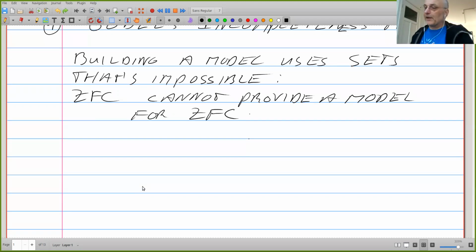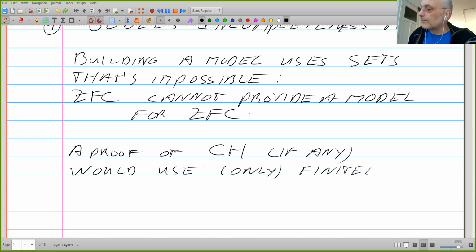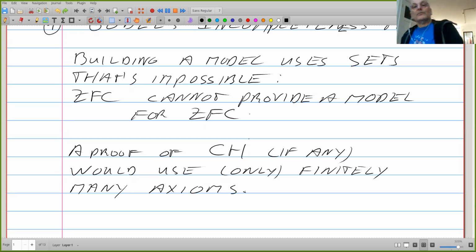Because here is the thing: a proof of CH, if any, would use only finitely many axioms of the theory. For ZFC, we have infinitely many axioms.